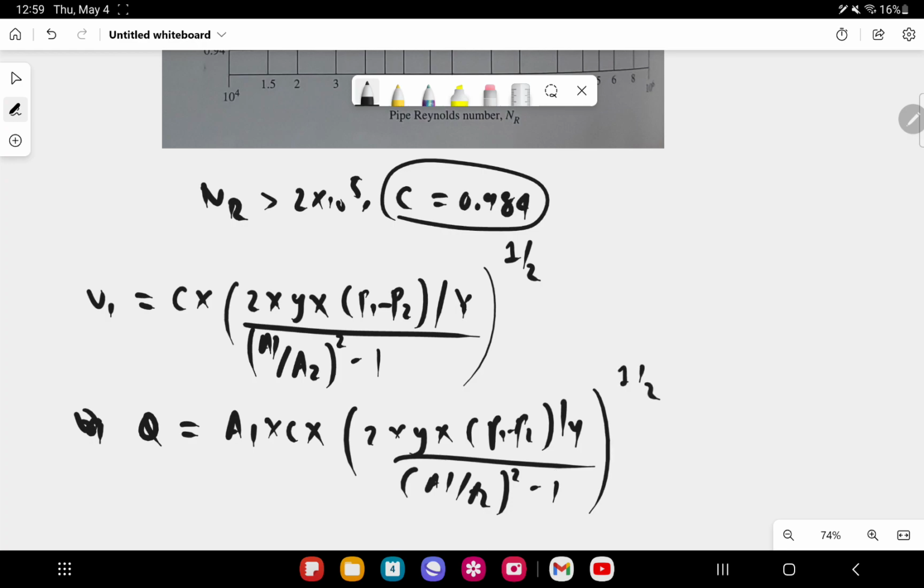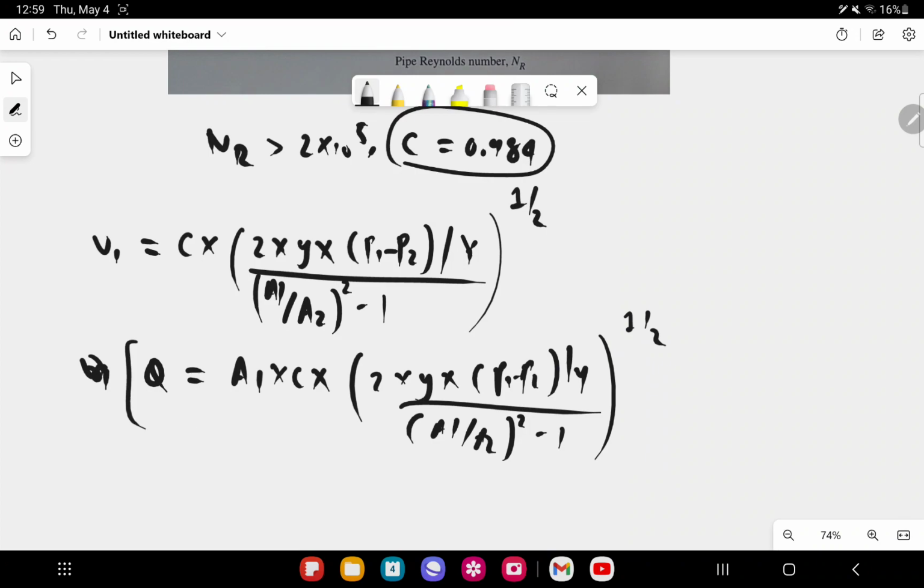Now, this is the expression of volumetric flow rate. And remember that the volumetric flow rate remains constant throughout the pipe.